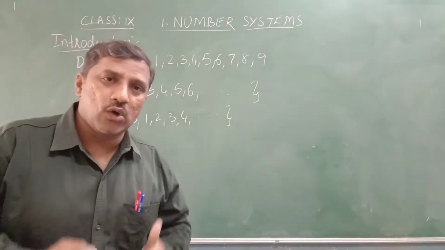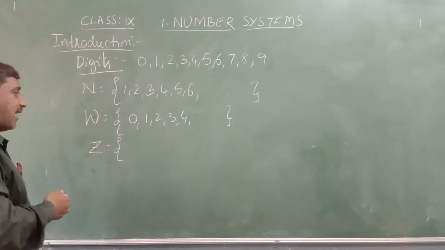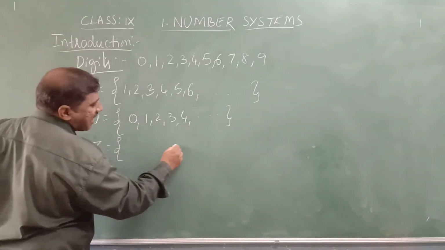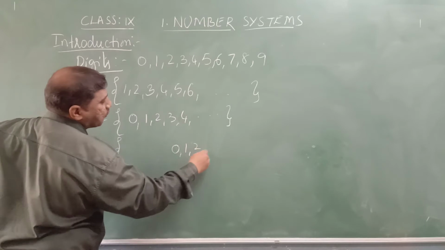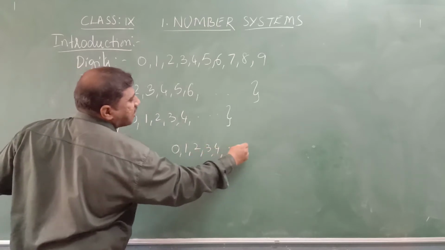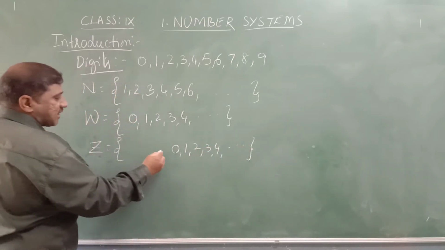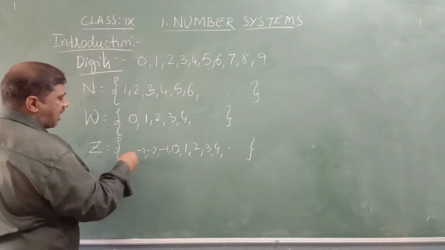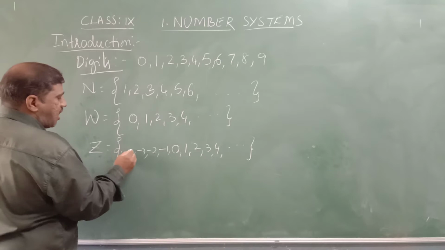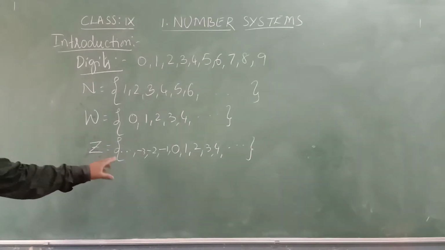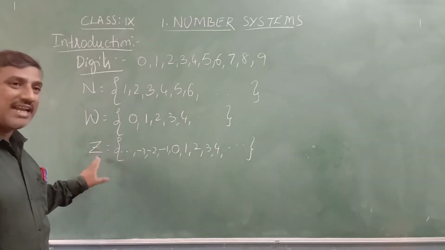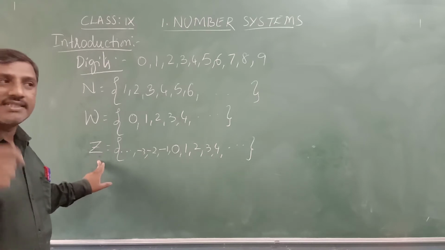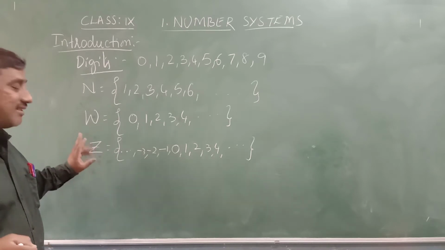Whole numbers are 0, 1, 2, 3, 4 and so on, and negative numbers we have -1, -2, -3 and so on. This set of numbers is known as integers, represented with the letter Z.